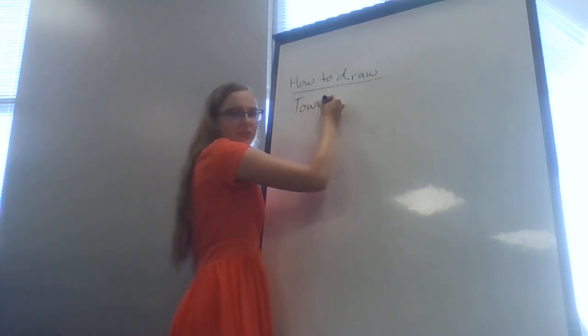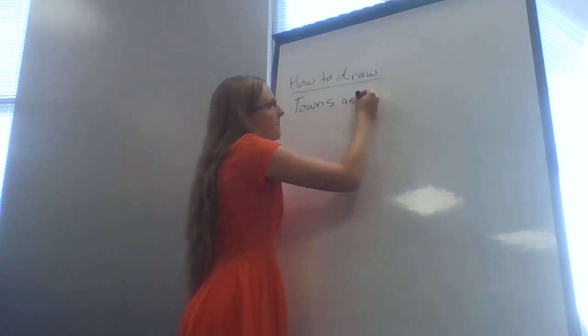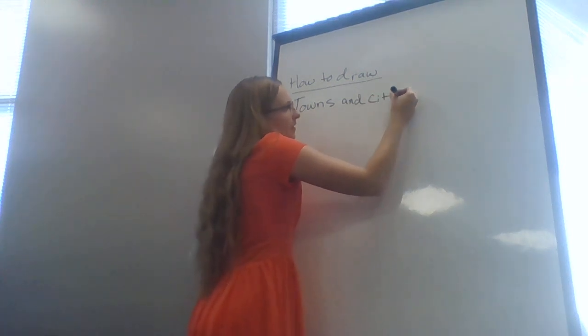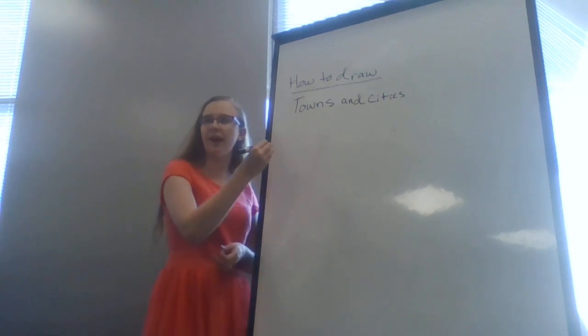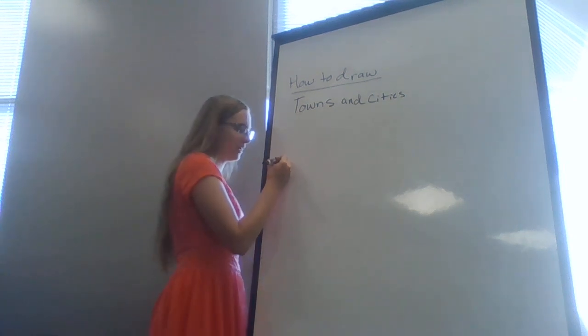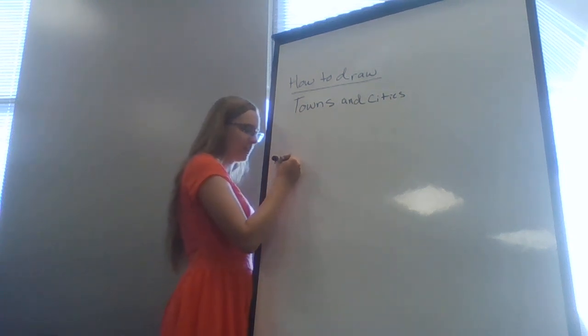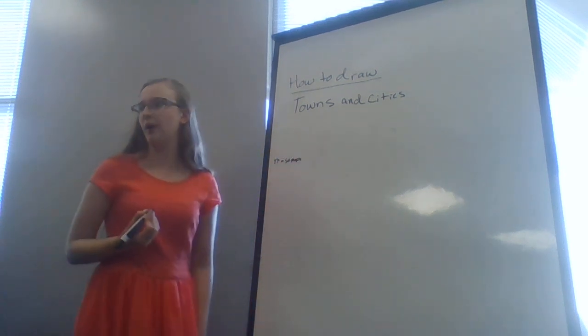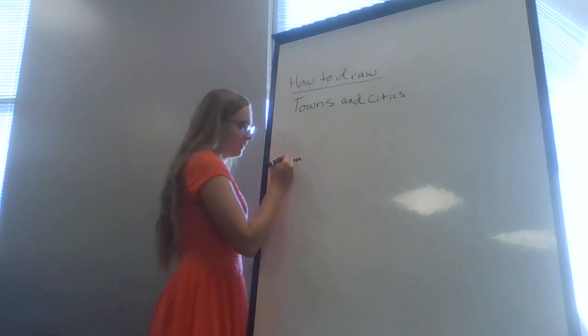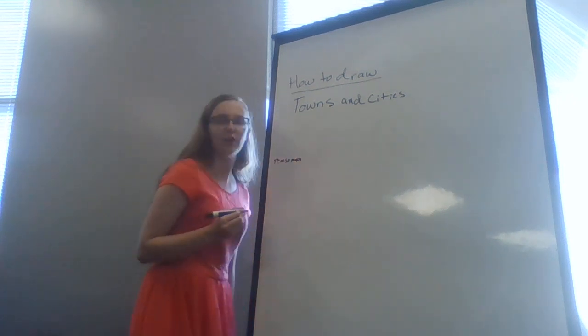Next, we're gonna go over towns and cities. If you're doing a typical town, I typically have a key off to the side that says like, one house equals 50 people, or whatever. So then they can figure out about the same population. You might want to do an "about" sign, about 50 people.